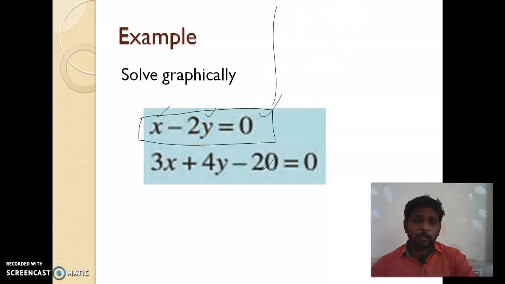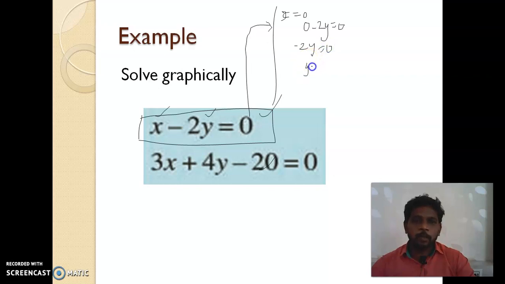For the first equation, if x equal to 0, what will happen? For this equation only I am going to substitute. So x equal to 0 means 0 minus 2y equal to 0, right?